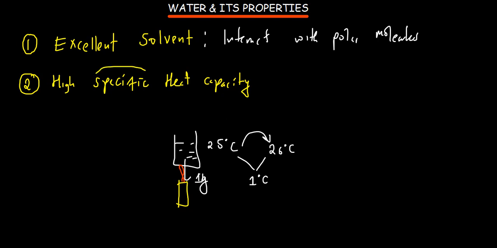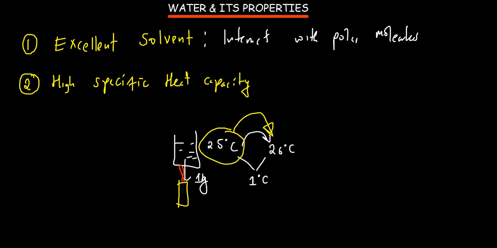If I remove the word specific, then I'll define heat capacity as the amount of heat energy that has to be introduced to a compound to raise the temperature by 1 degree. So the word specific just means 1 gram. So we want to raise the 1 gram of water by 1 degree. Okay, so that's the meaning. Now this tells us that if water is at 25 degrees, for you to change that water to 26 degrees, it is going to be very hard.